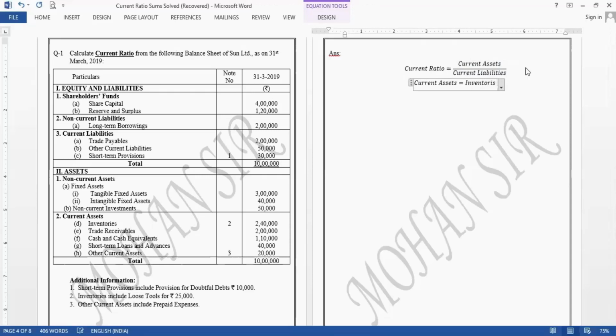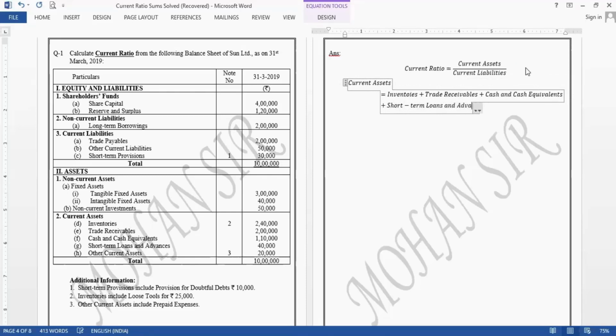Inventories plus trade receivables plus cash and cash equivalents plus short-term loans and advances plus other current assets, right?